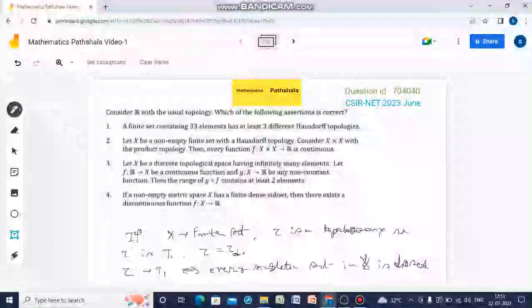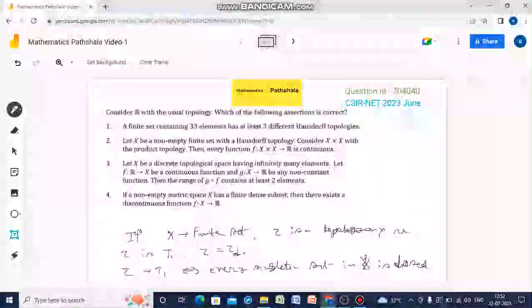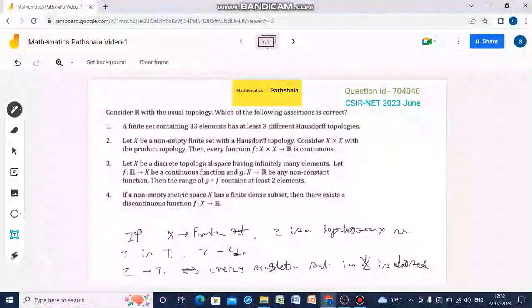So there cannot be two different topologies which are T1, because any topology which is T1 on any set containing 33 elements will be equal to the discrete topology. So exactly one topology is there which is T1, the discrete topology.